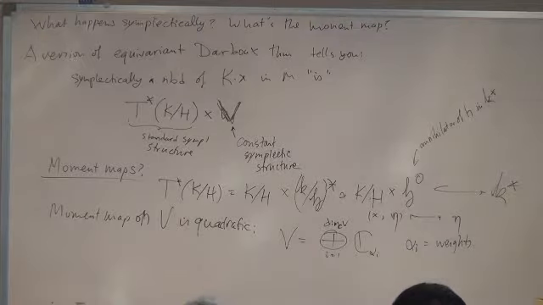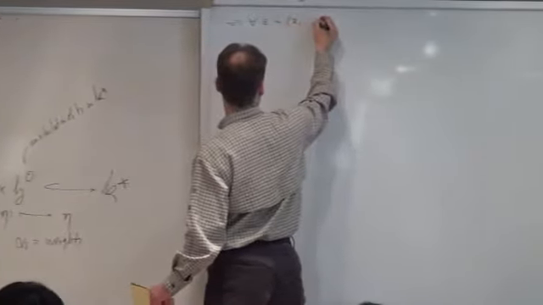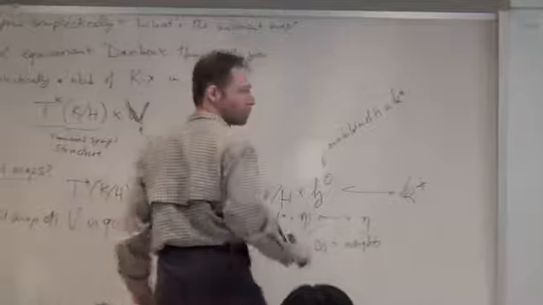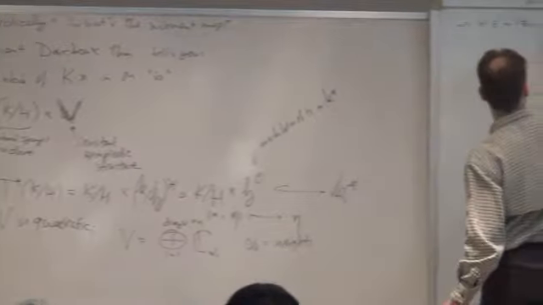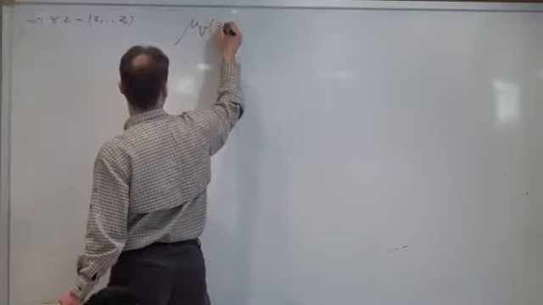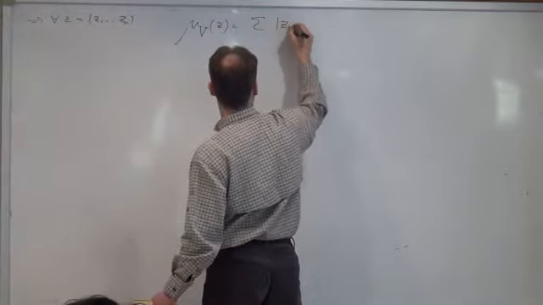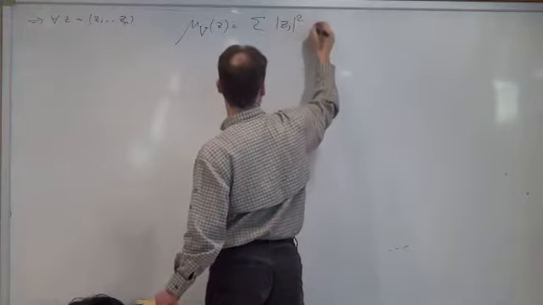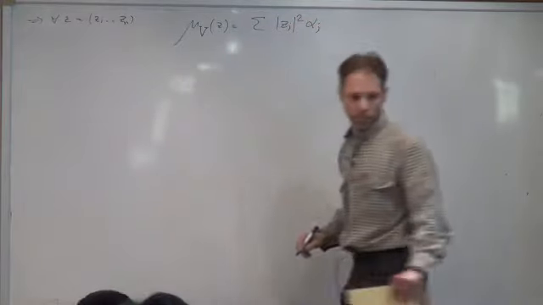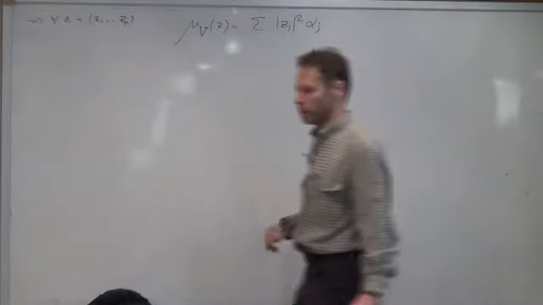So for any z, which I can write as z1 through zn, whatever the dimension is, I've lost track of the dimensions, so let's call it n, mu on this vector space of z is the summation of zj squared alpha j.